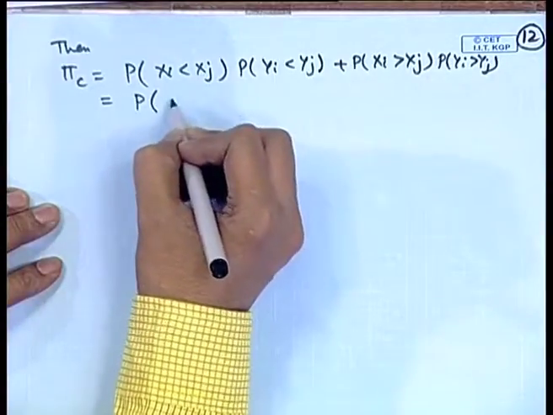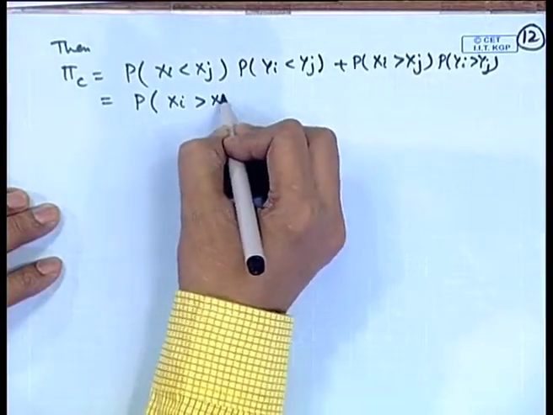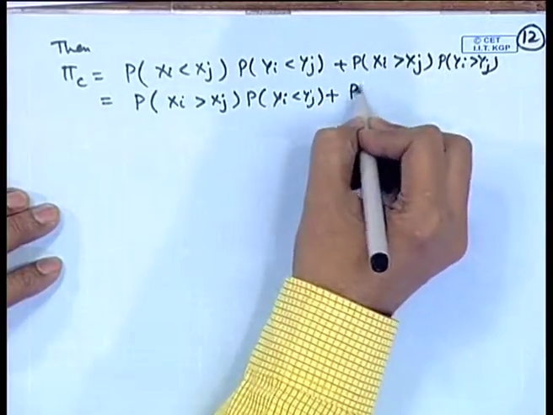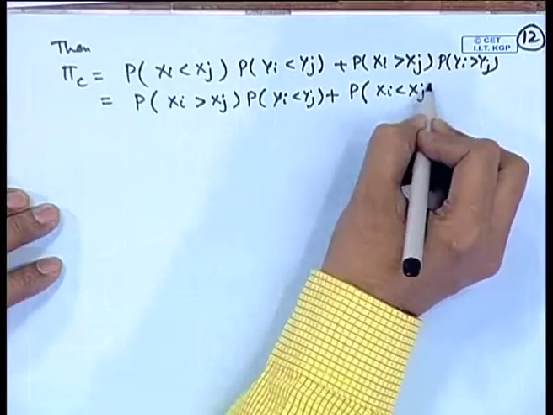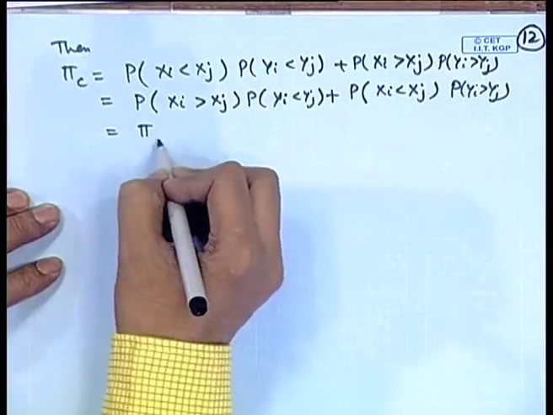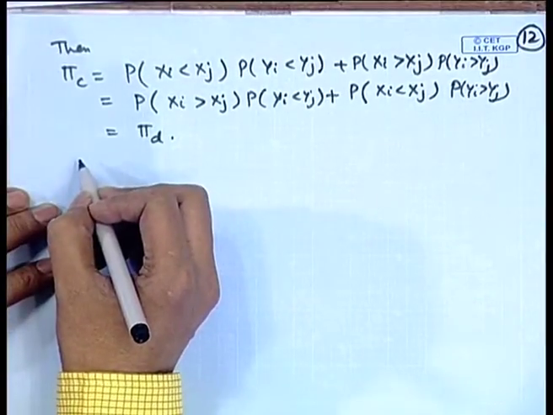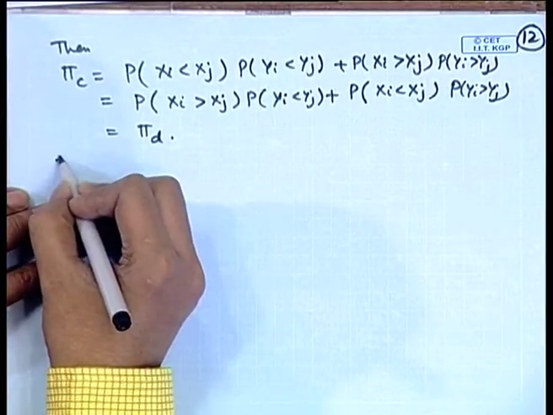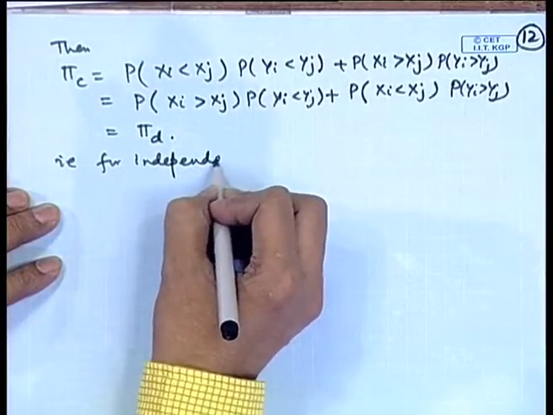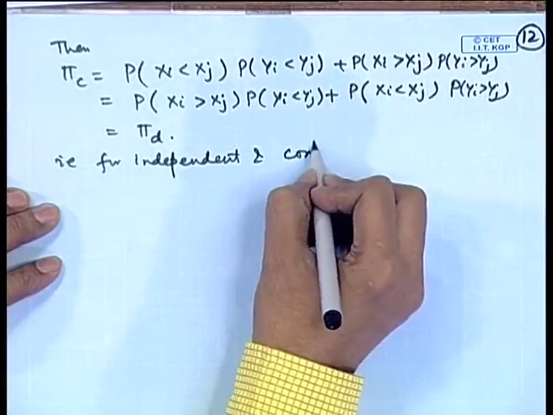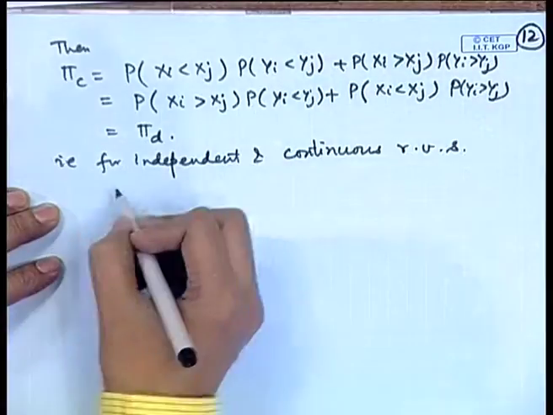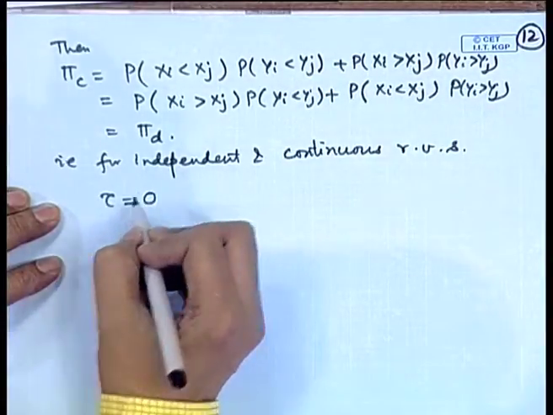Because of the symmetry, this can be written as the probability of xi greater than xj times the probability of yi less than yj, plus the probability of xi less than xj times the probability of yi greater than yj, which is nothing but pi_d. So, for independent and continuous random variables, tau is equal to 0.